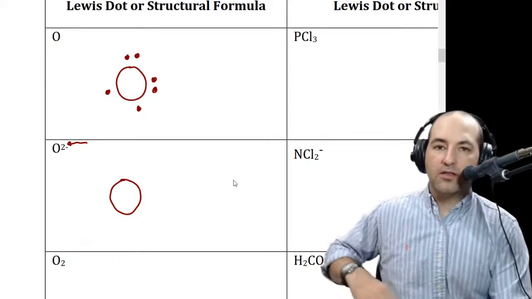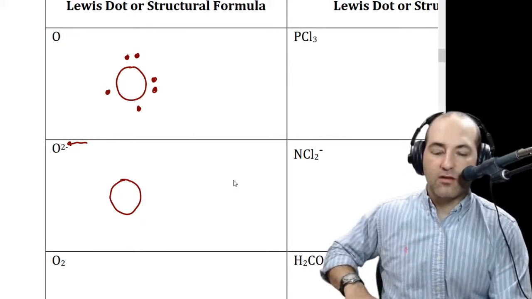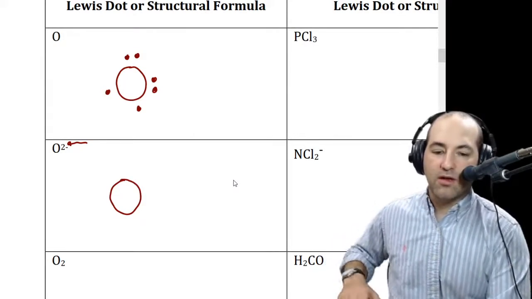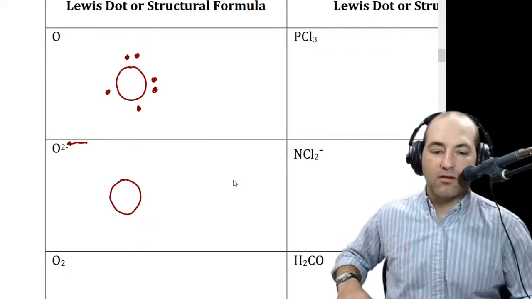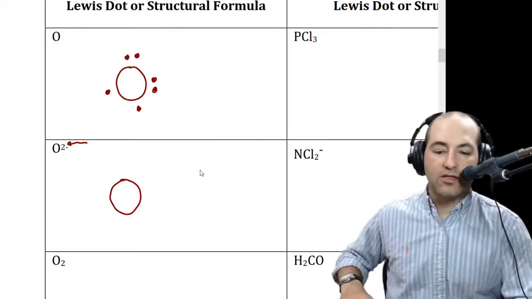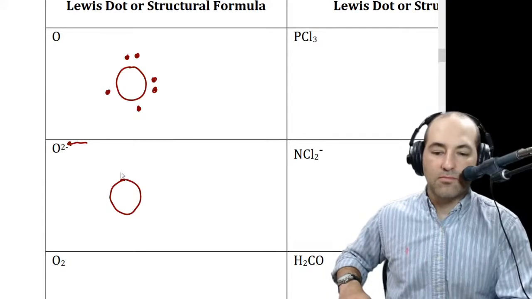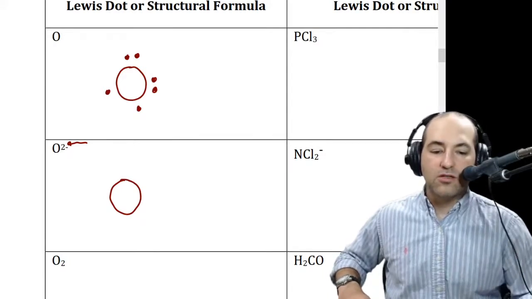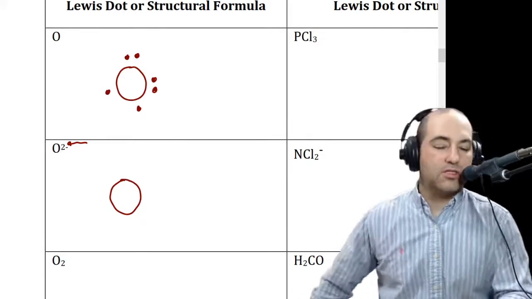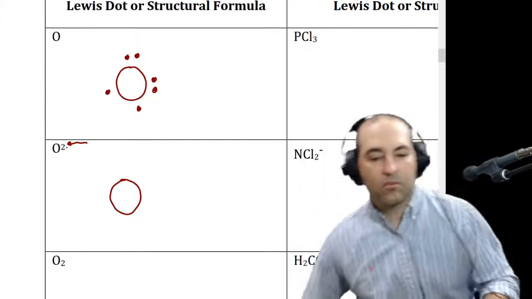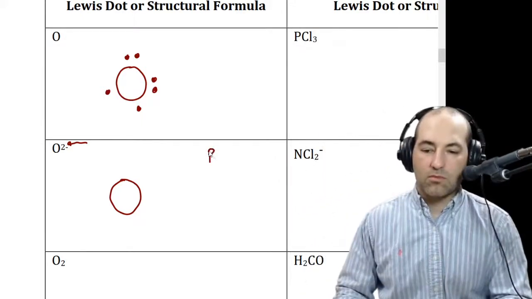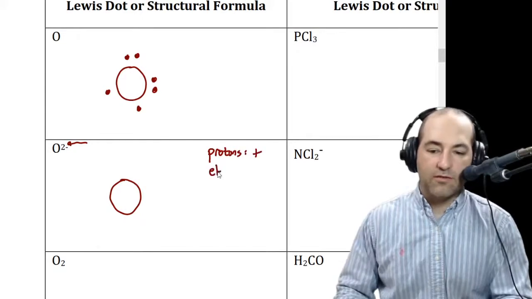So are electrons positive or negative? They're negative, right? So if we take away 2 electrons, yeah, so if we had 2 more protons than electrons, what's the charge on the proton? Protons are positive.